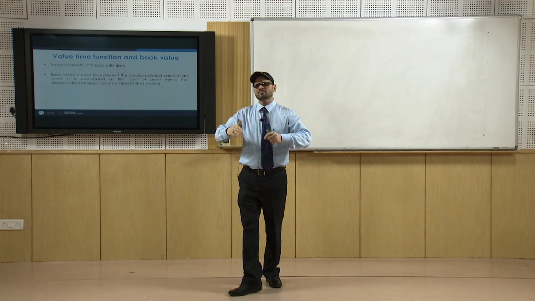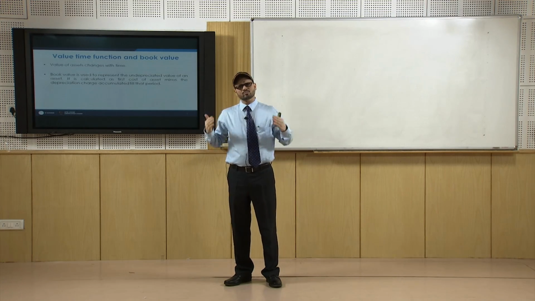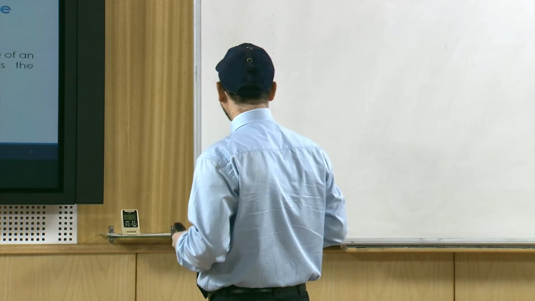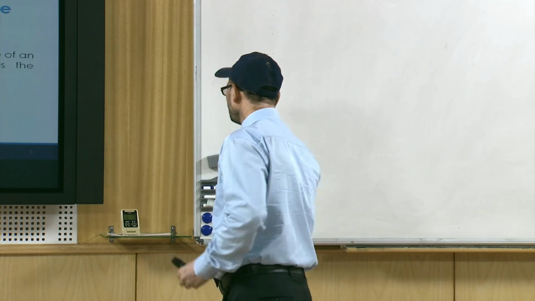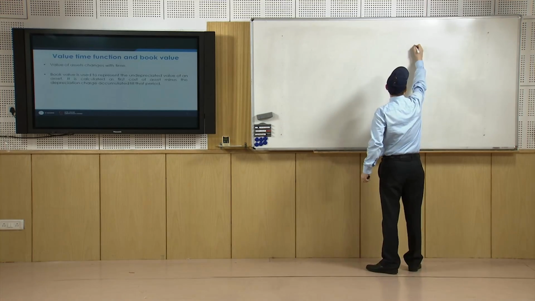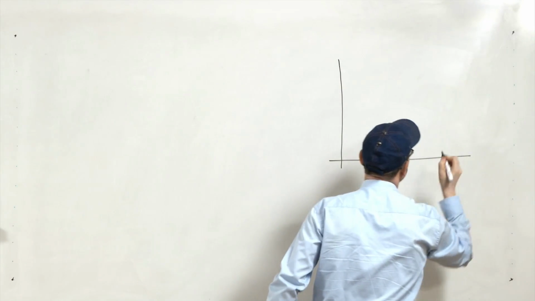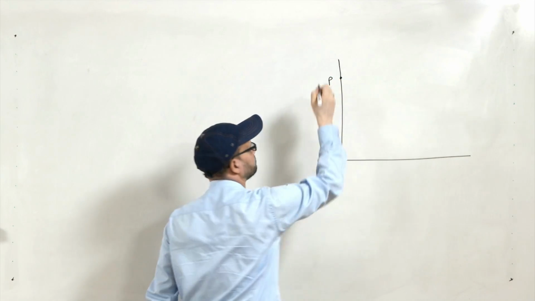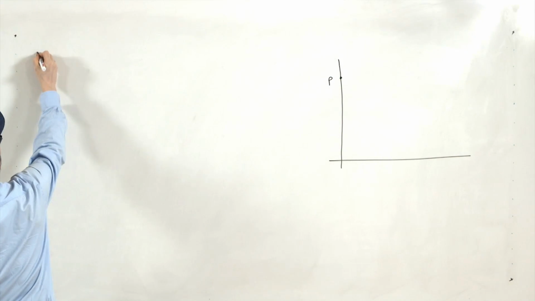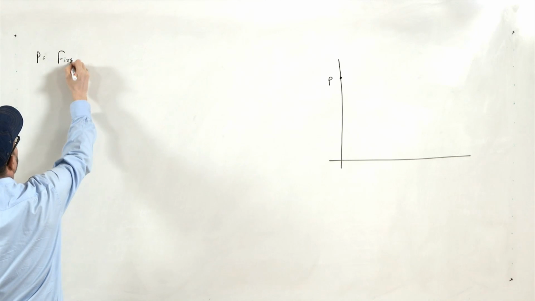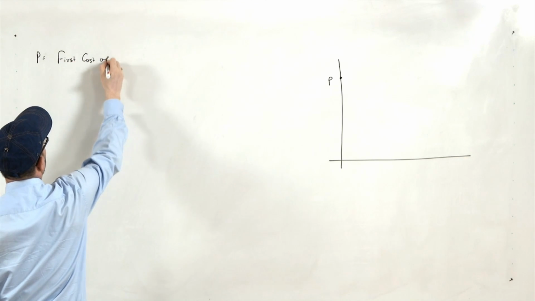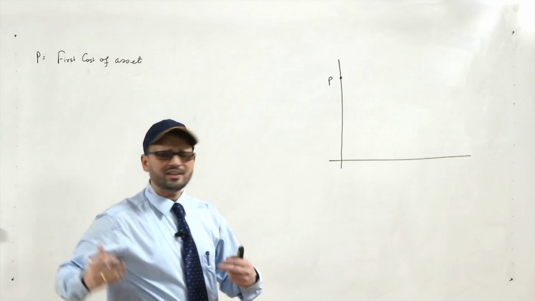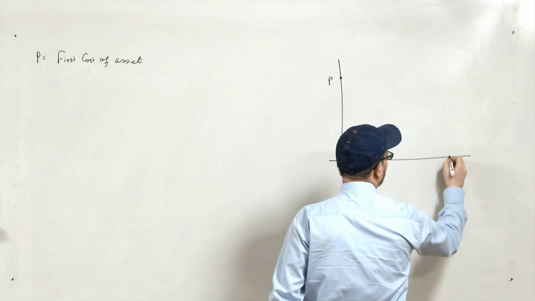So, when we do the depreciation analysis, we will most of the time come across this term, book value. Let us see how we calculate it. Suppose you have an asset whose first cost is P, and the asset has n years of life.